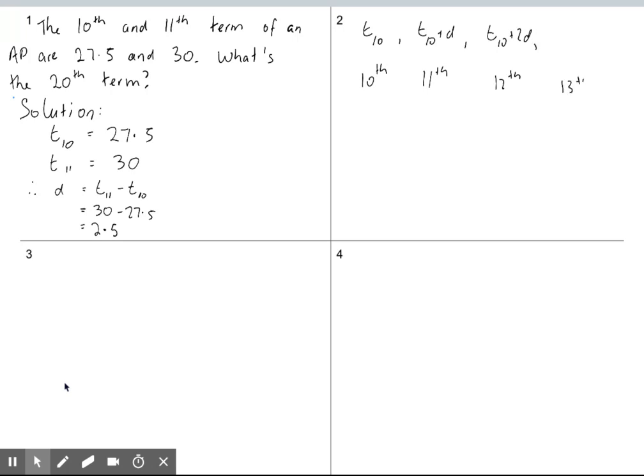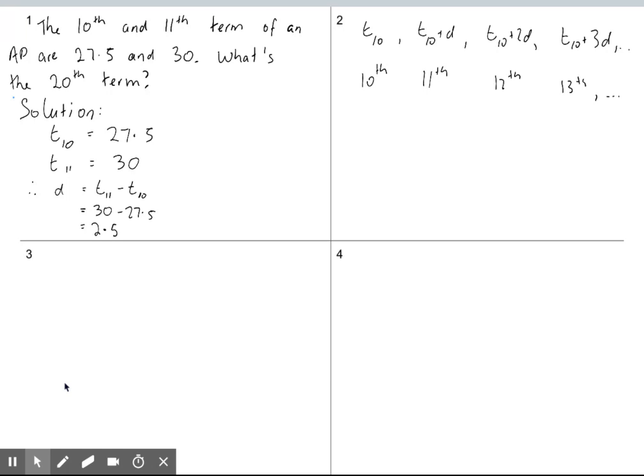The 13th term will be T10 plus 3D, etc. So rather than starting from T1, let's just use the information we've got, i.e. that T10 is a known value, 27.5, and I need to get to the 20th term. So the 20th term is 10 terms on, right? 20 take away 10 is equal to 10.